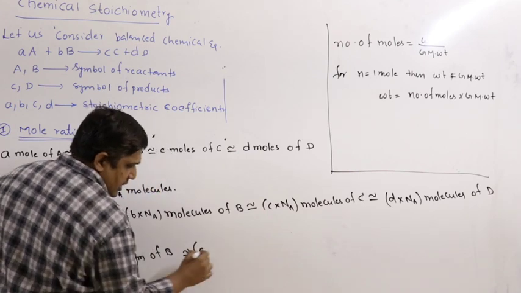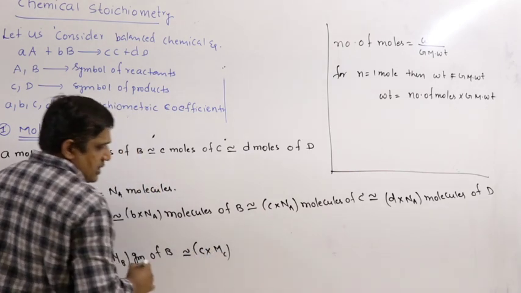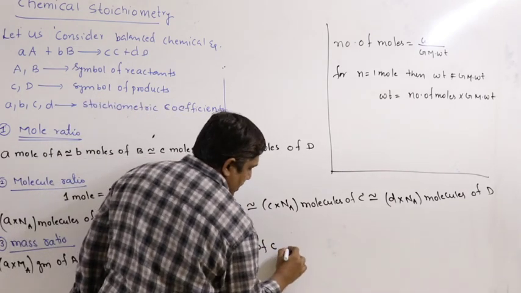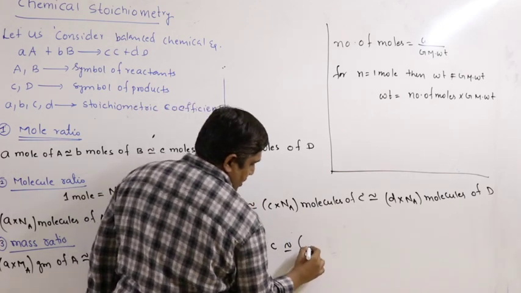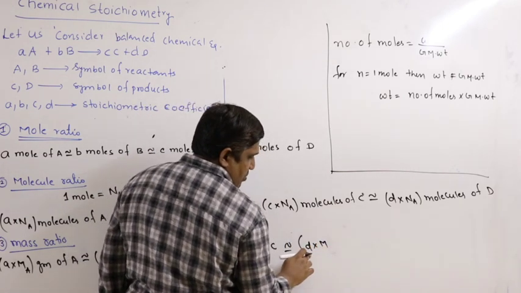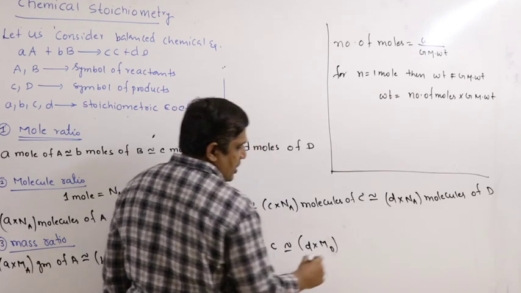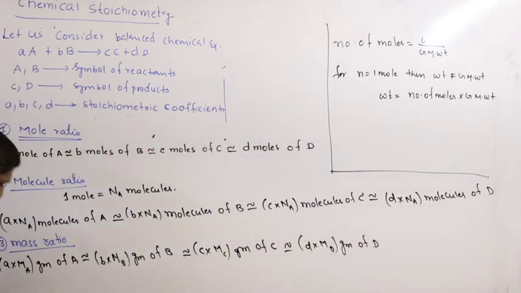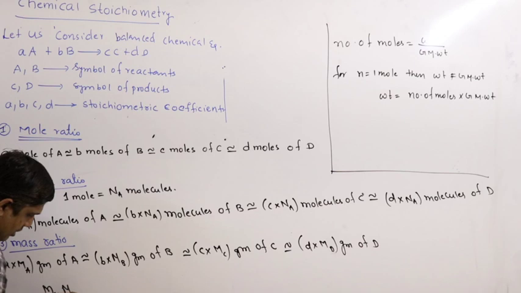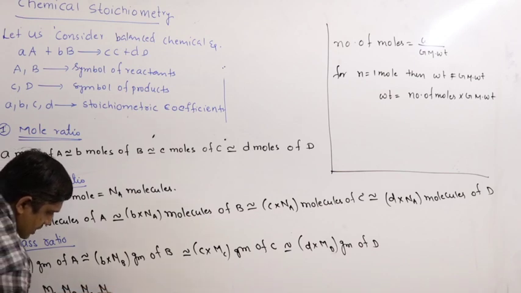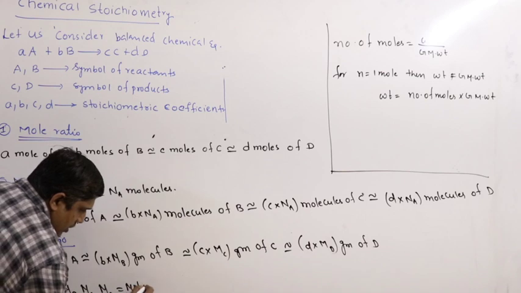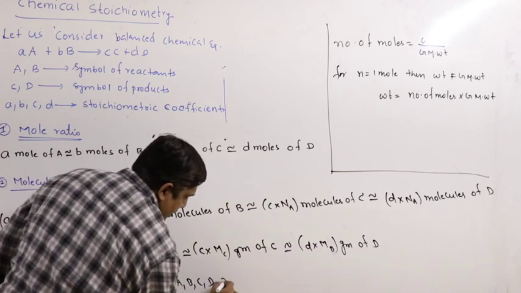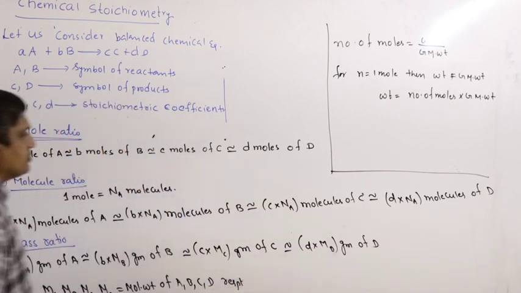So, number of moles is c into its molecular weight M subscript C, grams of C, stoichiometrically equivalent to d moles, so d into molecular weight of D grams of capital D, where MA, MB, MC, MD are molecular weights of A, B, C, D respectively.